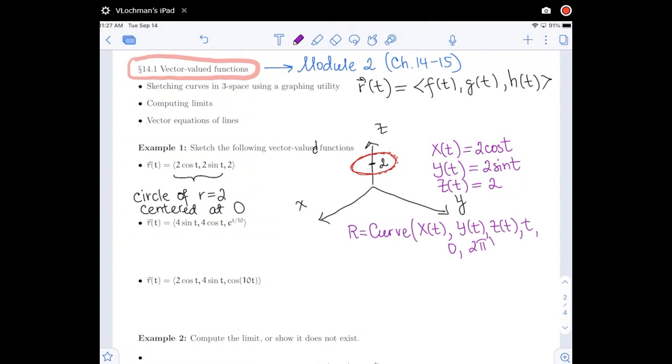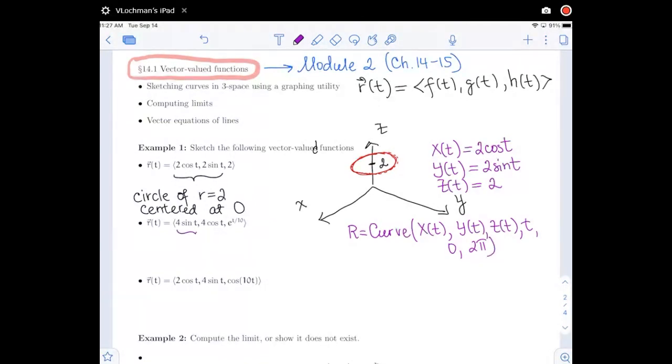But again, for this particular example, we don't really need to use the application to graph it. We know what it's going to look like just by looking at it. Okay, so let's take a look at the next example. Here we have 4 sine t, 4 cosine t, e to the power t over 10.